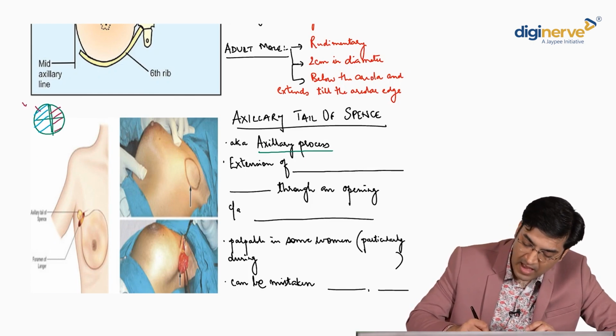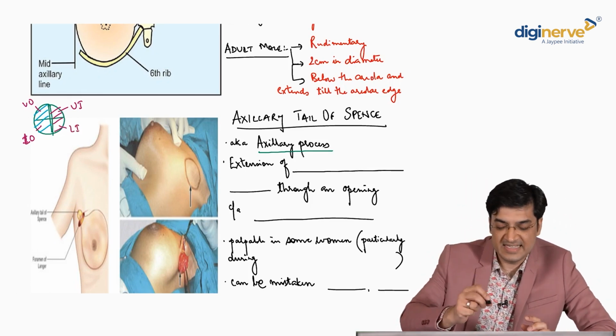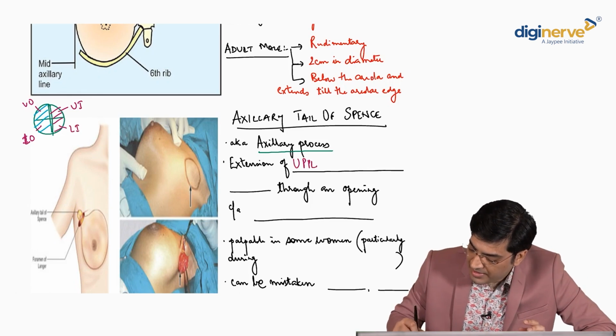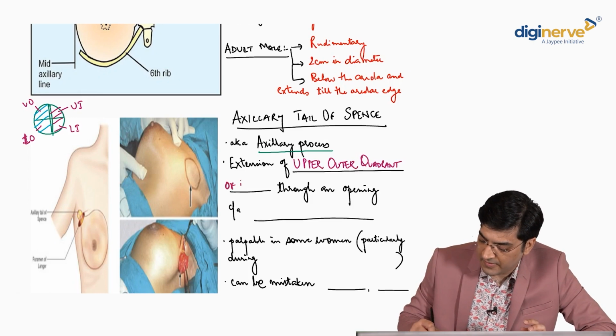Okay. So, this is upper outer, lower outer, upper inner and lower inner quadrant. Okay. So, what is this an extension of? It is an extension of the upper outer quadrant of breast.